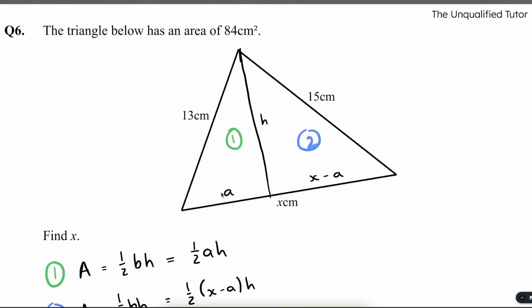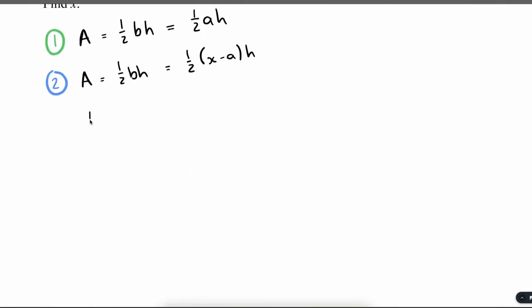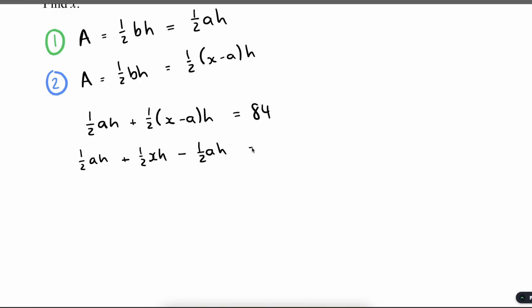So to find the area of the whole thing, we know it's 84, but in terms of algebra, we know it's half AH plus a half x minus A, lots of H, which equals 84. Now, if we expand this out, we get half AH plus a half XH minus a half AH equals 84.